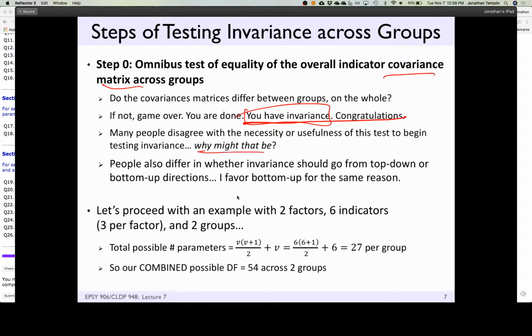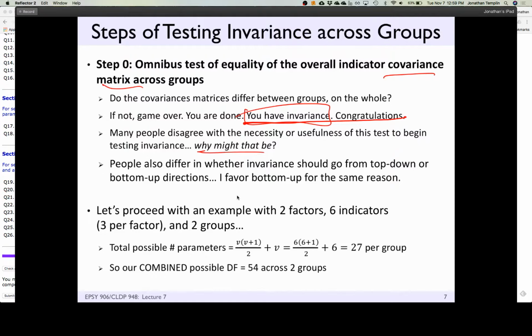But there are a couple of problems with why that might not be useful. The first is that most of the time, those tests say there's some difference. Okay, now what? The second is that even with omnibus tests that say the groups are the same, there may be combinations of parameters, maybe a factor loading that's too big in one group and too small in the other, but it's made up for by the residual covariances or something along those lines.